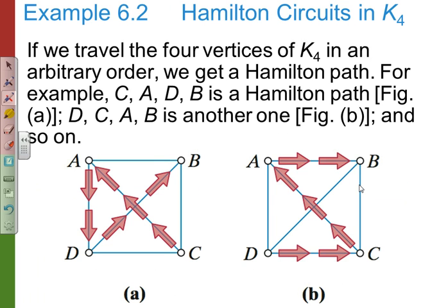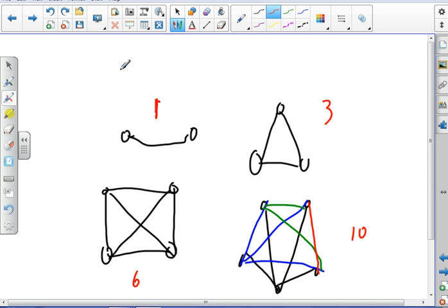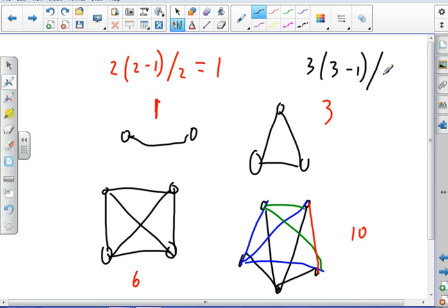So we'll go back to here. 2 times 2 minus 1 divided by 2 is 1. So I have 1 edge. Excellent. 3 times 3 minus 1 divided by 2 is 3. So I have 3 edges.